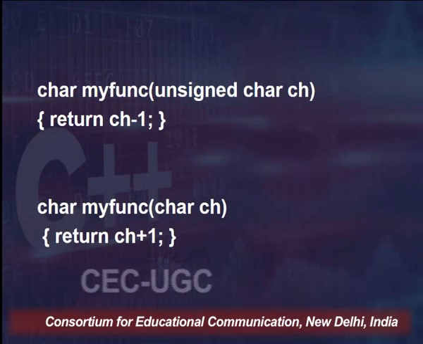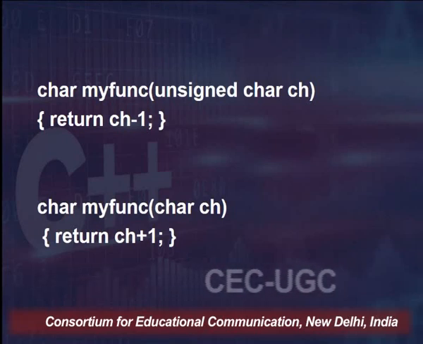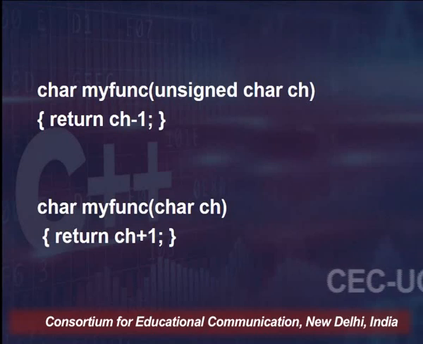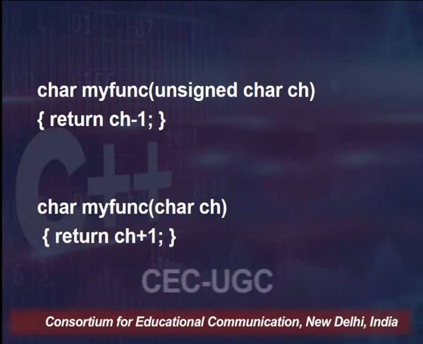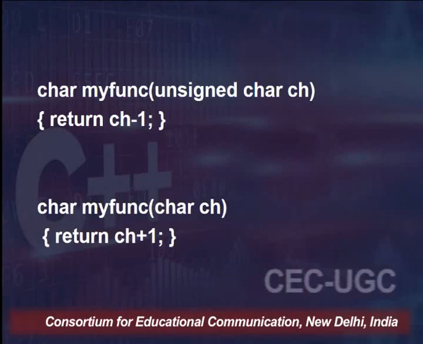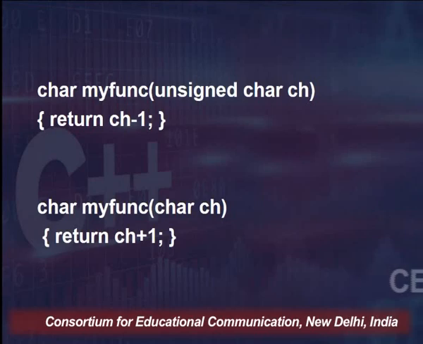So there is a slight difference in the functionality. One is returning the previous character, another one is returning the next character, by implementing the operation of minus and plus respectively.